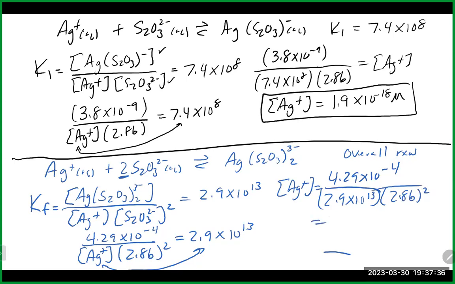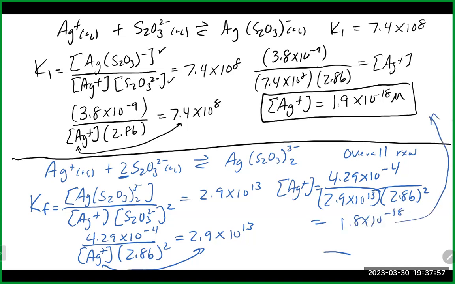And if I didn't screw up, we should end up with the exact same number as up on top. So just to make sure, 1.8 pretty much, with rounding, pretty close: 1.8 times 10 to the minus 18.